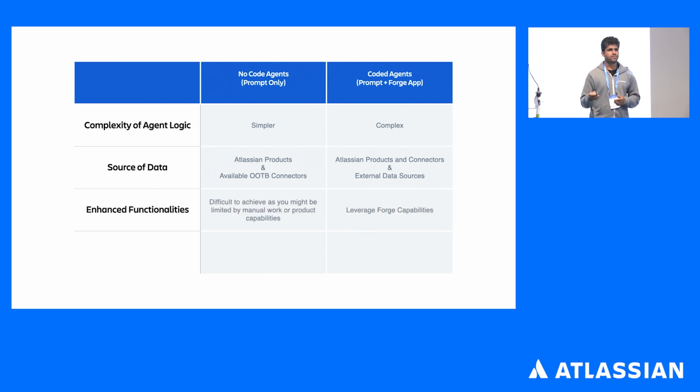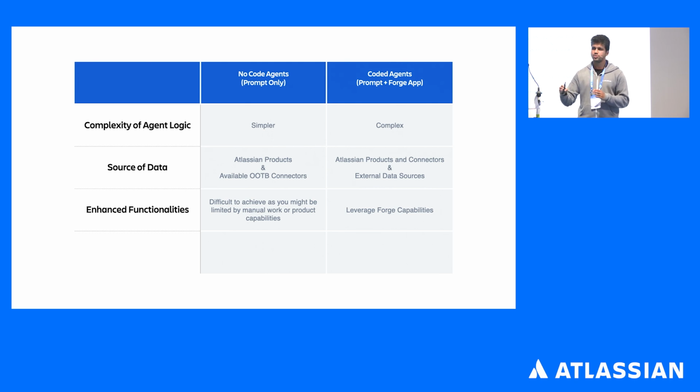The next criterion is the functionalities that can be built using both these agents. We recommend that if you have an idea for an agent, you start off with the no-code way, because all you have to work on is the prompt.